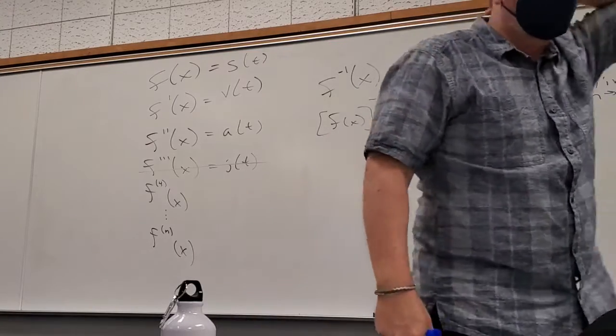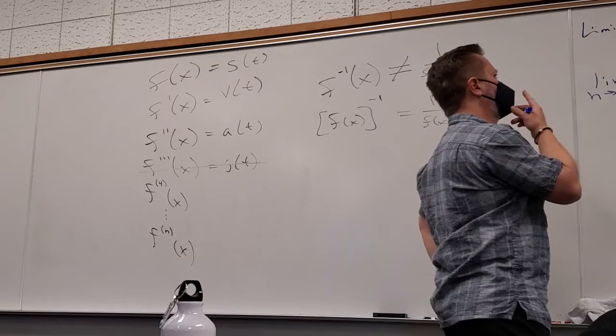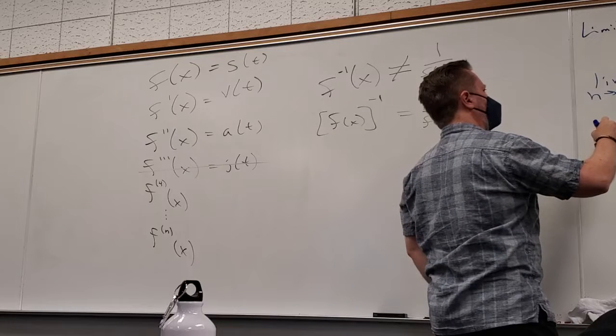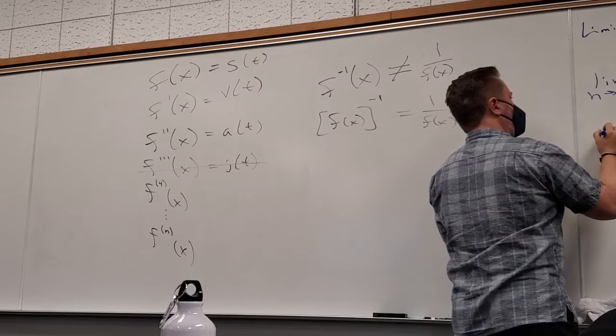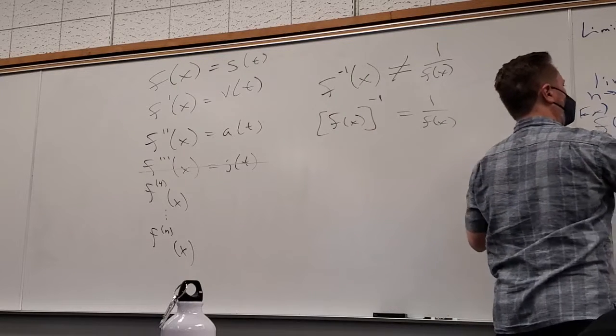Let me see. I don't want to do this. What order? Okay, let's do this. I think we've done this once before, but what if I had f of x, for example, x cubed?